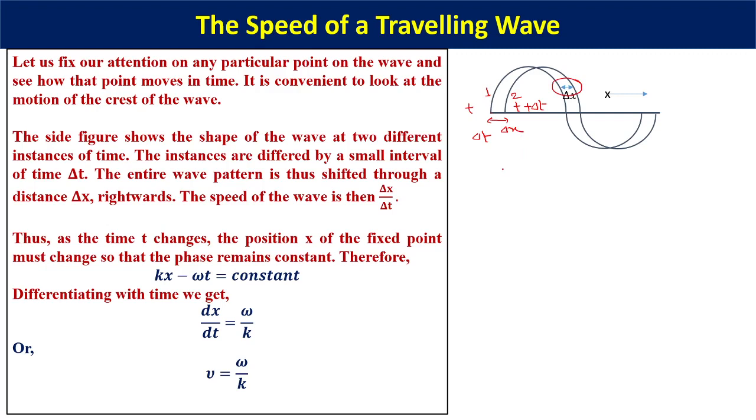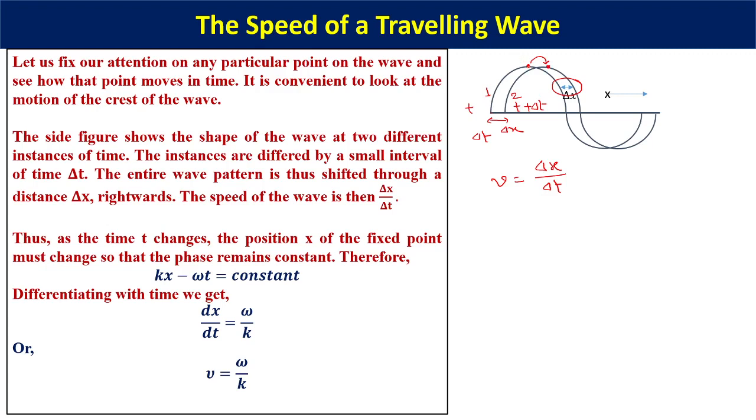So what could be the velocity? We know velocity means the distance traveled per unit time. So this is the wave velocity. But how do we get an expression for delta x upon delta t? In order to get that, we must consider any particular point in a wave, let us consider this particular point. Whenever it is shifted from this location to this location, its phase remains constant.